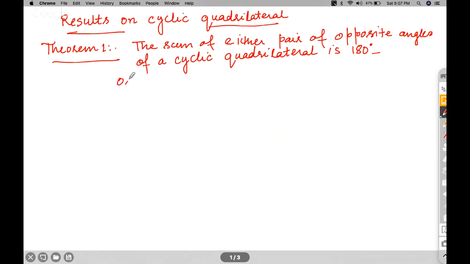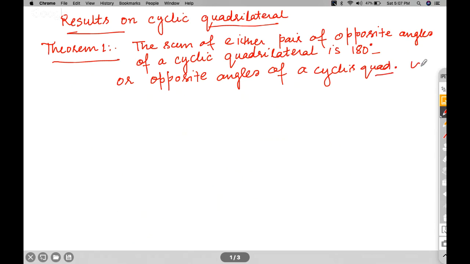Or you can write the same thing, that opposite angles of a cyclic quadrilateral, and I am writing short form, are supplementary to each other.